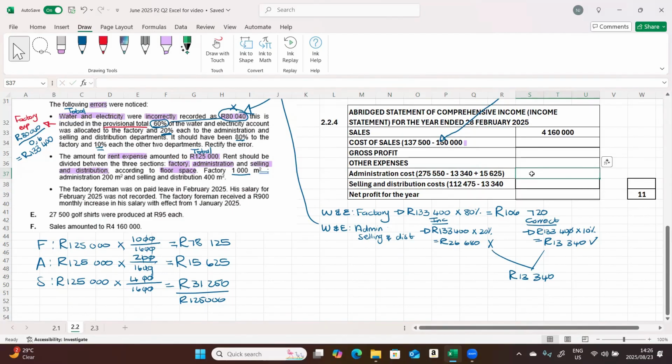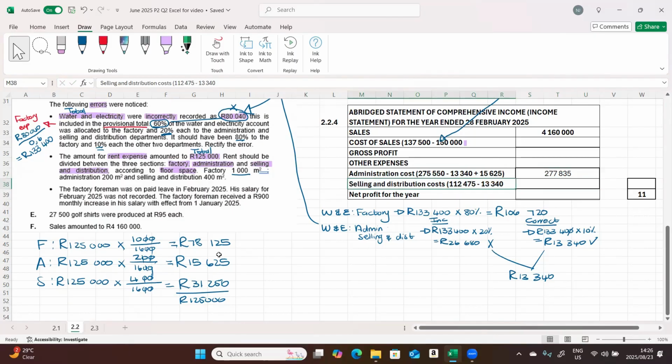Let's quickly do the admin cost, which is 275,550 minus 13,340 plus 15,625. And that then gives you 277,835. Okay, so that's the total for your administration cost.